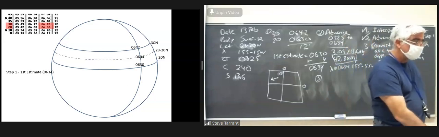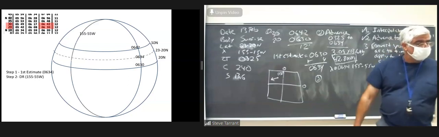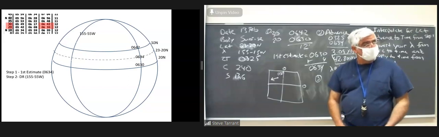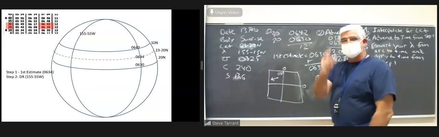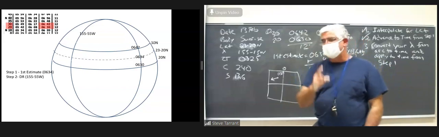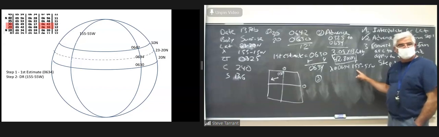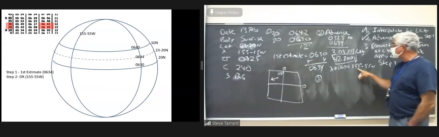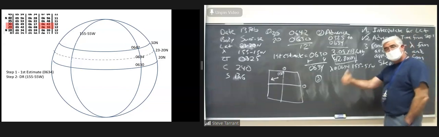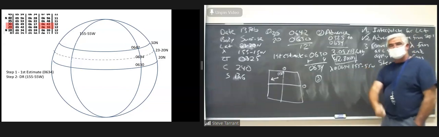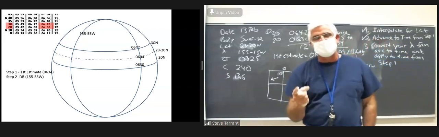Now, how many of you were taught, oh, if it's 155, I got to find my central meridian. It's 150. So I'm 5 degrees and 55 minutes to the west of it. So I add the time. But of course, if I was east of it, I got to subtract the time. How many of you did that? That is a serious pain in the ass.